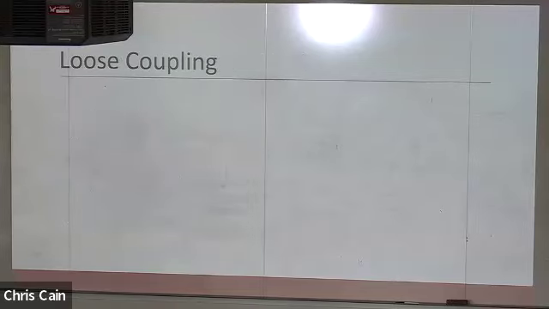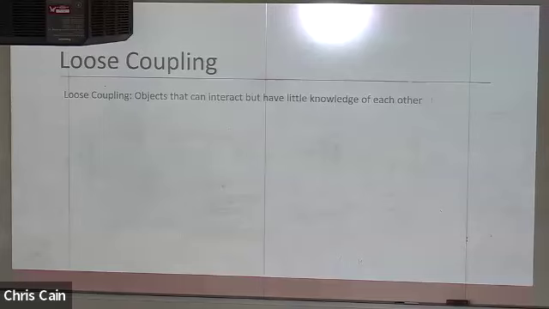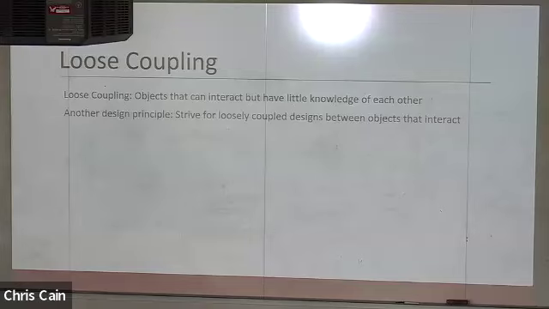But we should also talk about some coupling issues. There's a concept called loose coupling that allows objects to interact without knowing very much about each other. A standard design principle in object-oriented programming is that we want loosely coupled designs between objects that interact wherever possible.